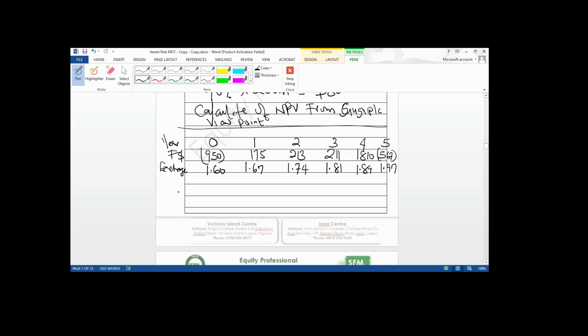If you want to get Naira now, 950 divided by 1.60.